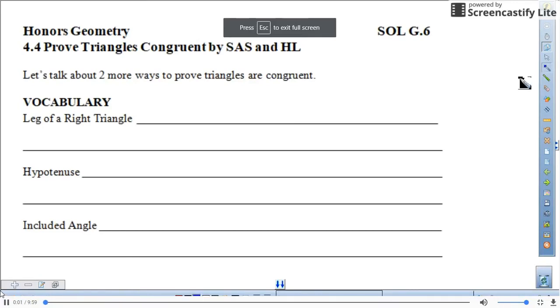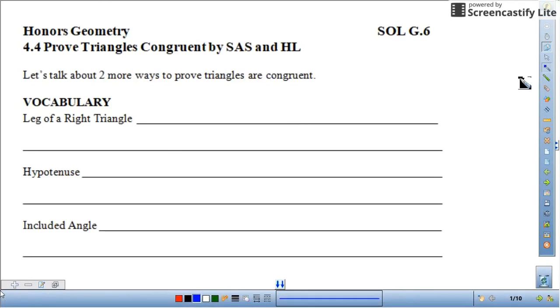Hey guys, today we're going to take a look at section 4.4, Proving Triangles Are Congruent by SAS and HL. We're going to go ahead and take a look at some vocabulary terms here. So first of all, reviewing the leg of a right triangle. Remember that the legs are the two sides that are adjacent to the right angle.